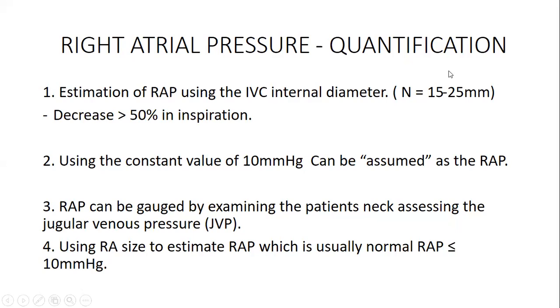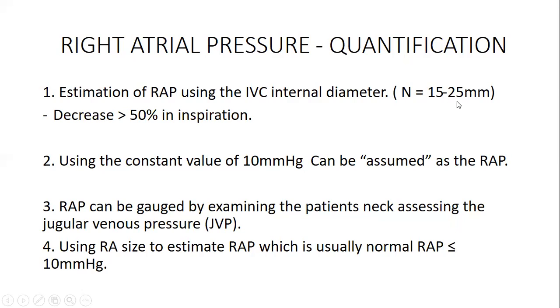You realize that I've given this range because you measure the diameter of the IVC in different physiological processes. So in inspiration, at rest, it has to measure within 15 millimeters. And then during expiration, it has to measure around that.